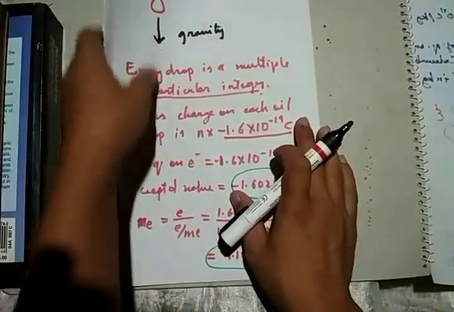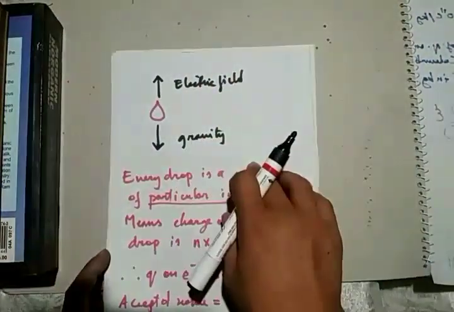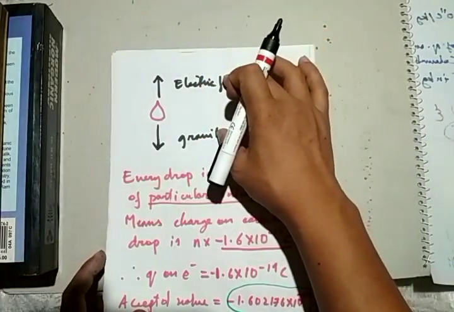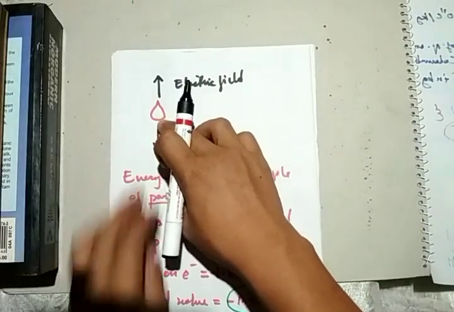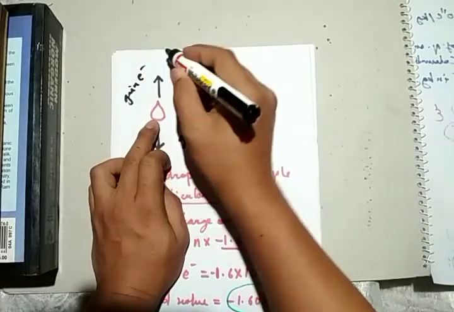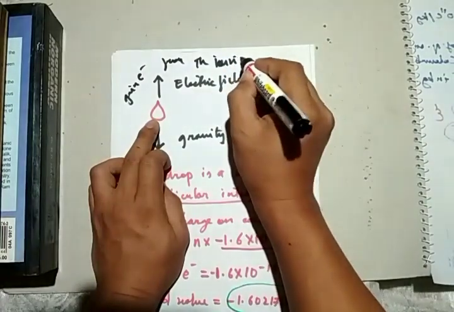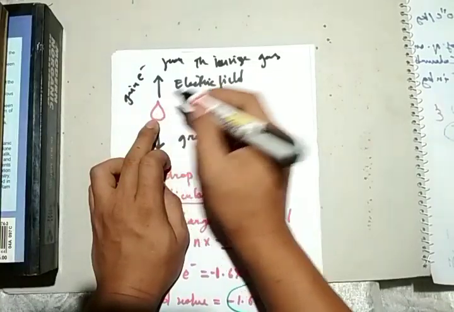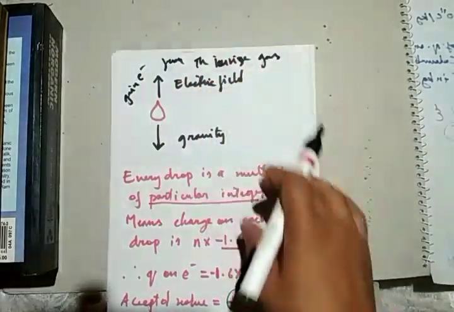As we have discussed earlier, there are two forces acting on that droplet, electric field and gravity. He was able to balance these forces and bring that droplet into a static position. As this droplet gained electrons from the ionized gas, its charge is negative.